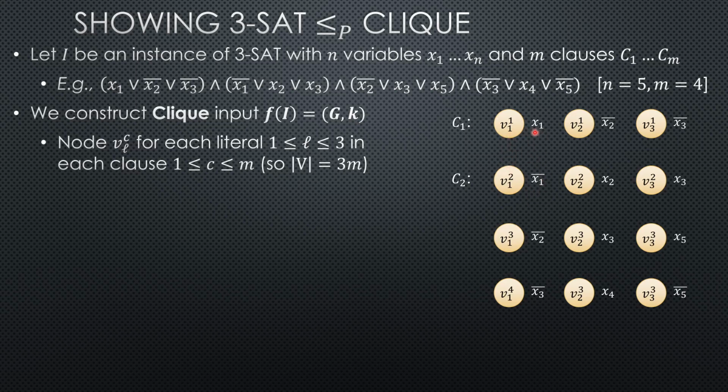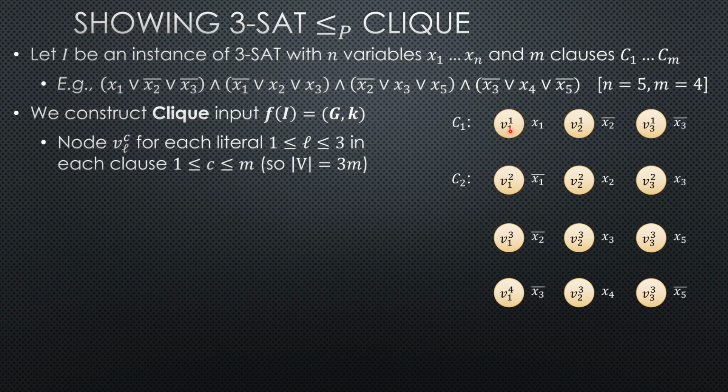So this node would represent x1 being set to true, and this node would represent x1 being set to false in order for these literals to be satisfied. I don't want to draw an edge between those two, because in order to satisfy the literals for both of these nodes, I would need to contradict myself. I would need to set x1 to true, and I would also need to set x1 to false. I would have a contradictory truth assignment in order to satisfy both of the nodes connected by such an edge. So I don't want to add such edges to the graph.